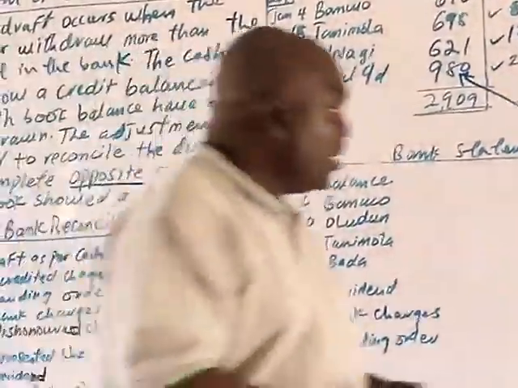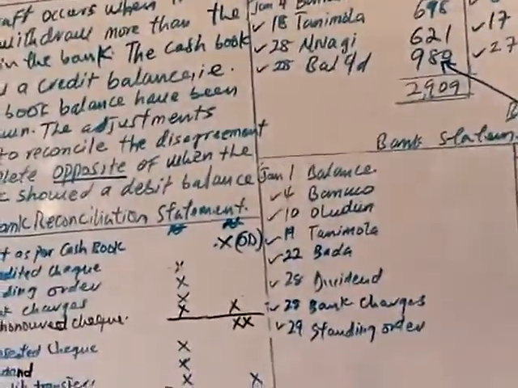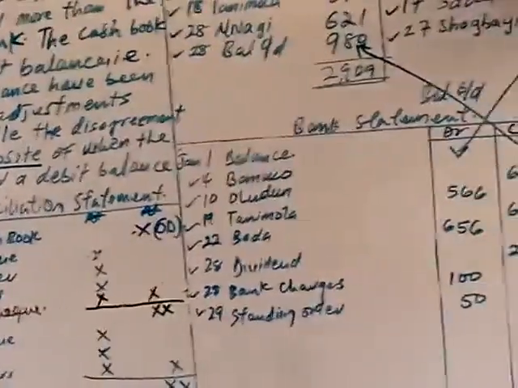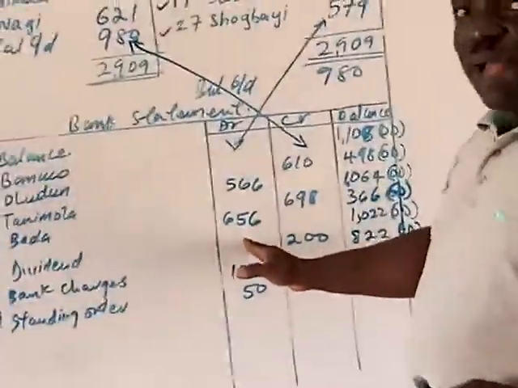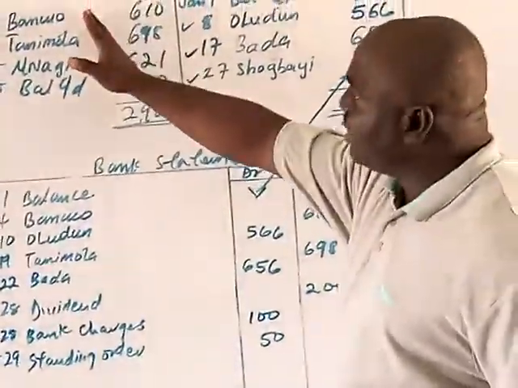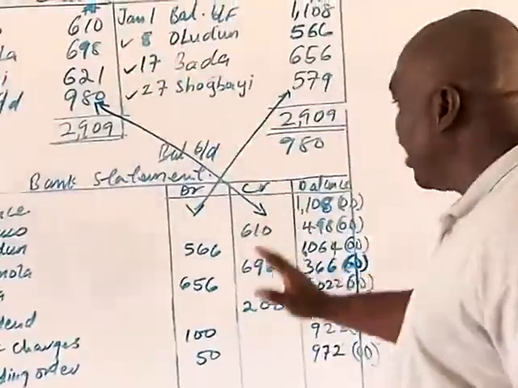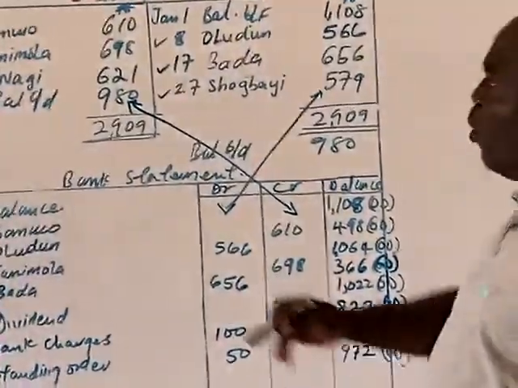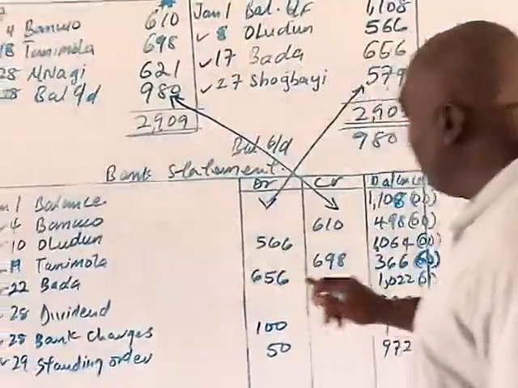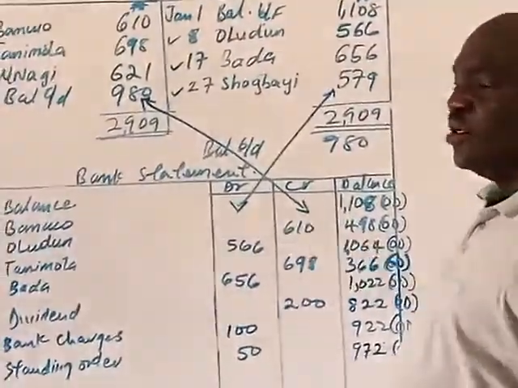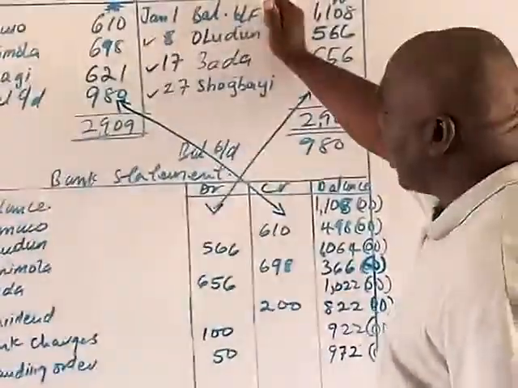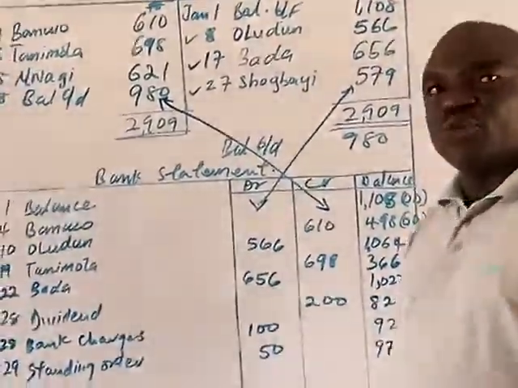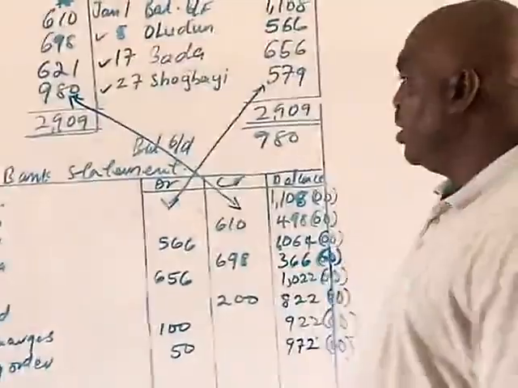Now, the same thing we apply this time around. We are going to look at the credit side of the cash book, then we compare it with the debit side of the bank statement. You look at the debit side of the cash book, you compare it with the credit side of the bank statement. What you find here and cannot find there amounts to our uncredited check. And what you find here that you cannot find there amounts to our unpresented check.